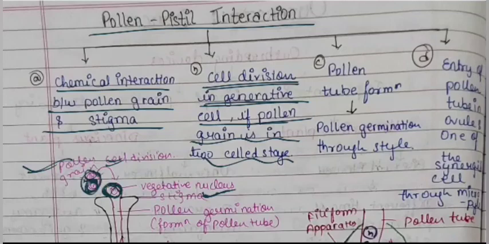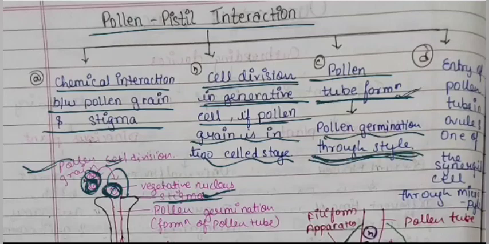Coming to the third step, which is pollen tube formation. If everything has happened in the right manner, then a pollen tube forms through the style, and at the end the pollen tube enters the ovule through the micropylar end to one of the synergid cells.